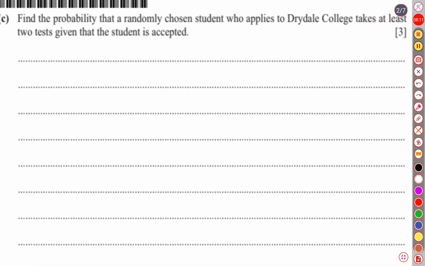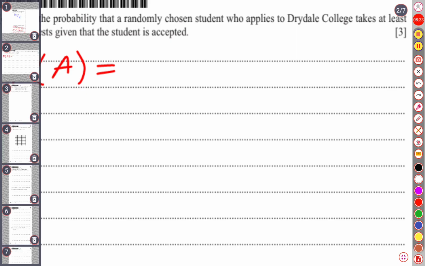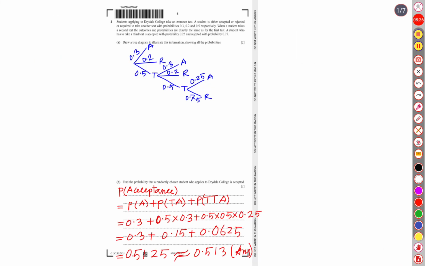If someone is accepted, the probability is written as 0.5125. So let us write the probability of acceptability. As we have already found in the previous question, the probability of acceptability of a student is over here.